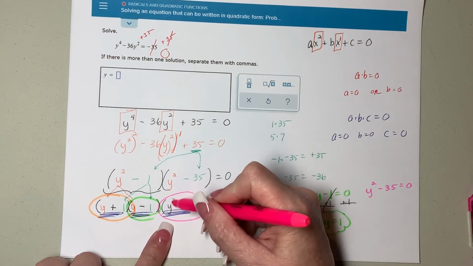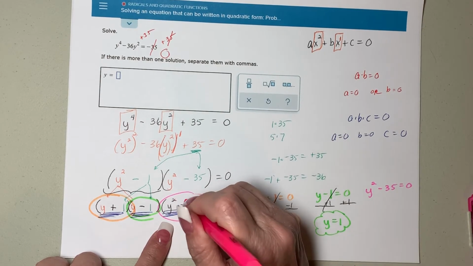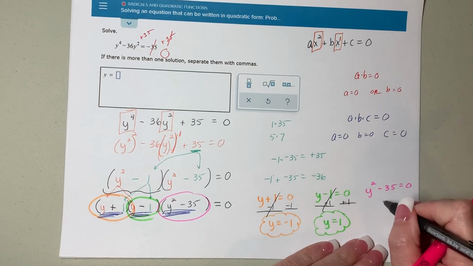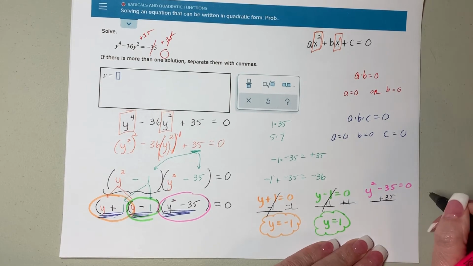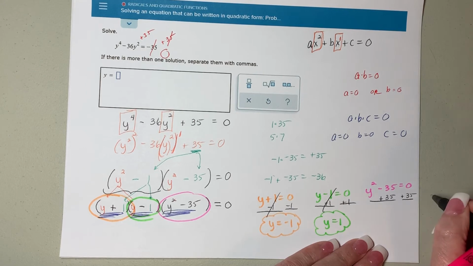Well, here we have a y squared, but there's no y to the first. When there's no y to the first in that kind of a quadratic, you can simply solve by taking square roots. I'm going to use that because that's going to be easiest. Hey, if you want to use the quadratic formula, knock yourself out. You can. It won't factor, however.